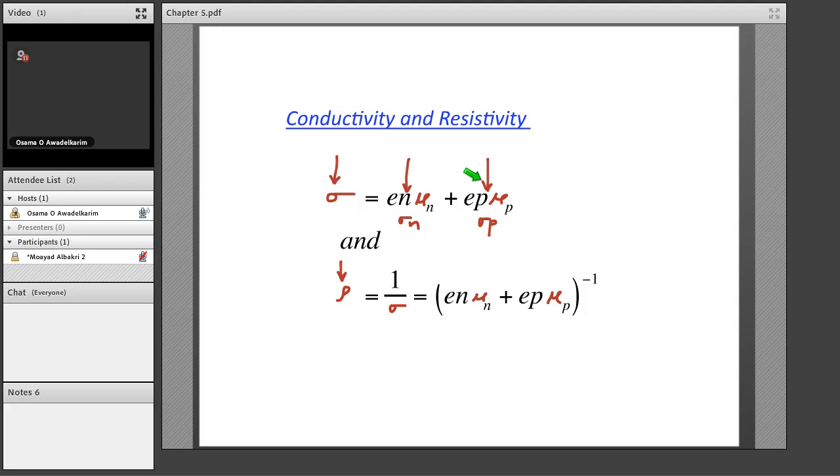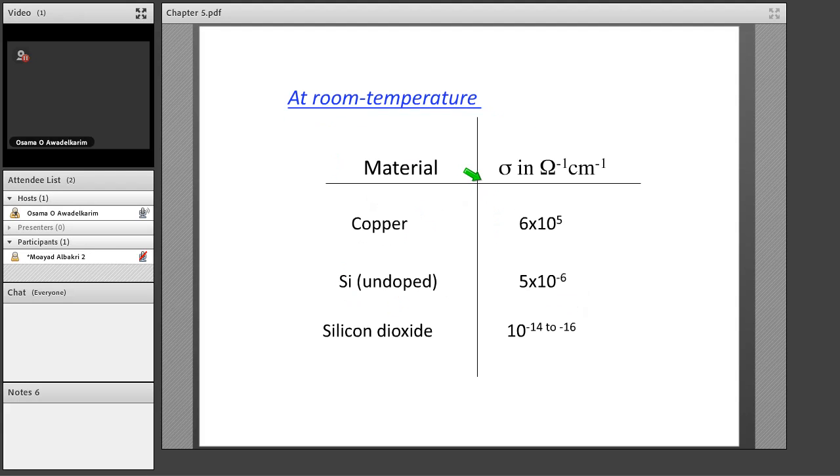Okay? So that is what's beautiful about a semiconductor: you can tune the resistance in a semiconductor resistor. You can engineer it by engineering the number of dopants that you put in a semiconductor. Typically here for silicon as a semiconductor, look at the conductivity when it's intrinsic at room temperature.